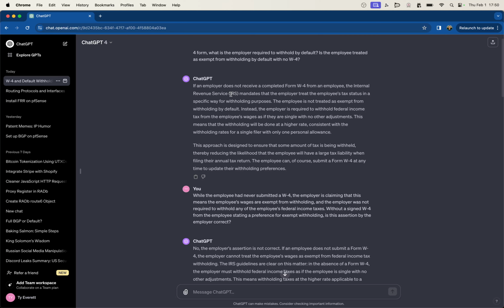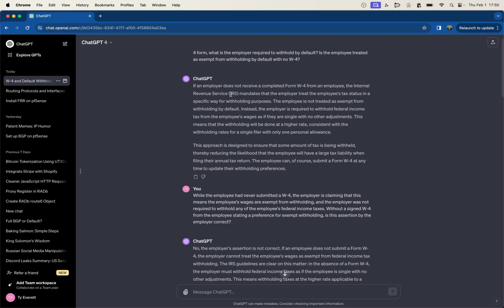And employees' wages can only be treated as exempt from withholding if the employee affirmatively claims exemption on a Form W-4. To do so, the employee must certify that they had no tax liability in the previous year and expect to have no tax liability in the current year.